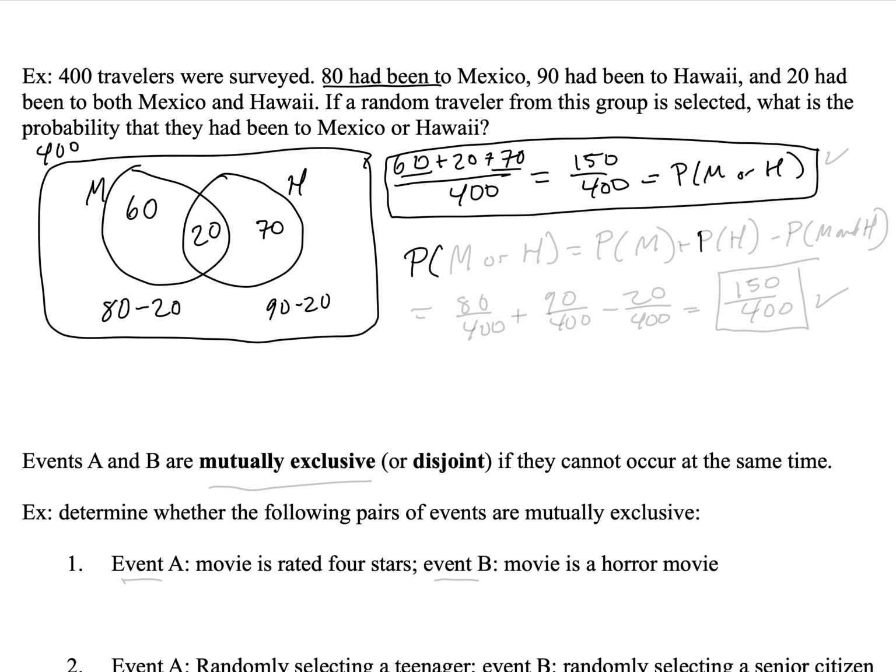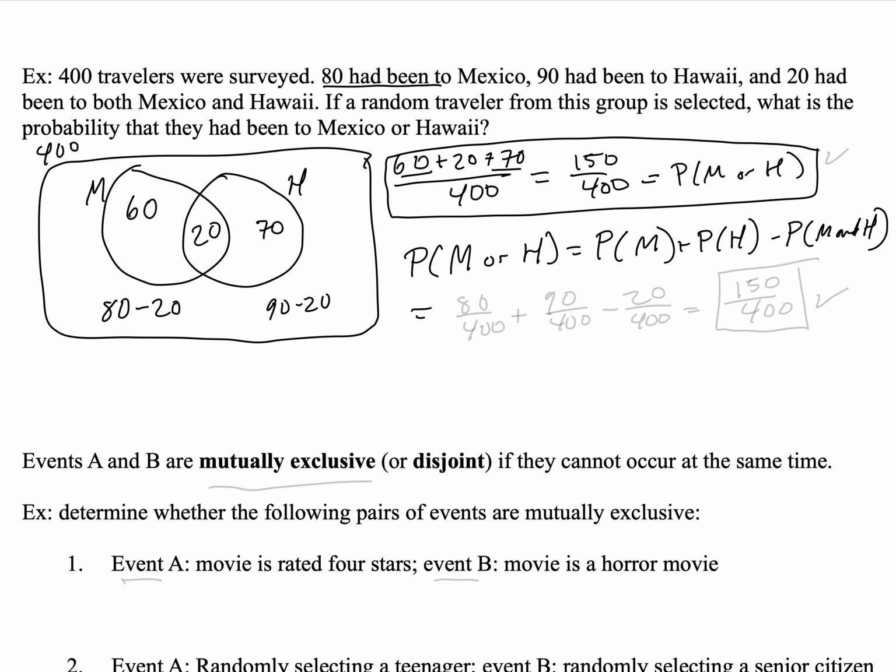Another way to approach the problem using the addition rule would be to say, okay, the probability that the traveler had been to Mexico or Hawaii is the probability that they'd been to Mexico plus the probability they'd been to Hawaii minus the probability that they'd been to both Mexico and Hawaii.